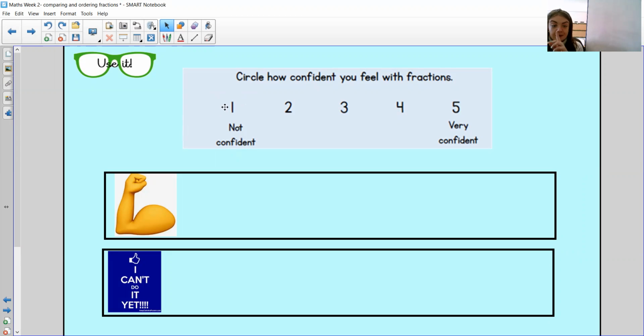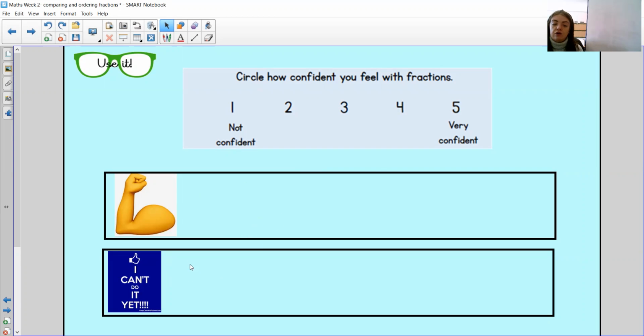Okay, remember that, yet. So circling simply how you're feeling with these fractions, and then I want you to think of something that you are really, really strong with. So out of those questions there, which one do you think, yes, I am the most confident in this part? So are you the most confident at finding equivalent fractions, most confident at converting mixed numbers too? So I just want you to think of one thing that you are most confident with out of what we've just been doing.